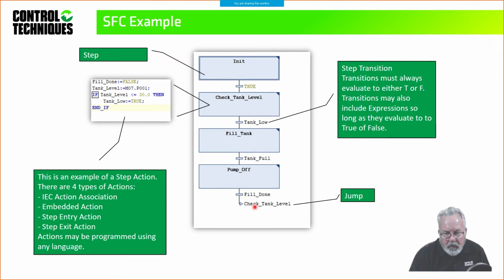So sequential function charts utilize jumps, and ordinarily I would not recommend that as part of any other program, but with a sequential function chart, given its nature, the way it works, you kind of have to. So that's an example of using the sequential function chart.